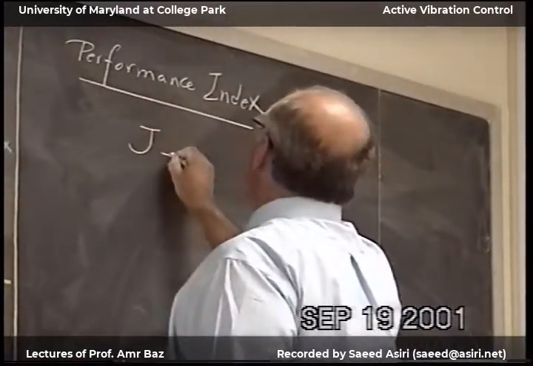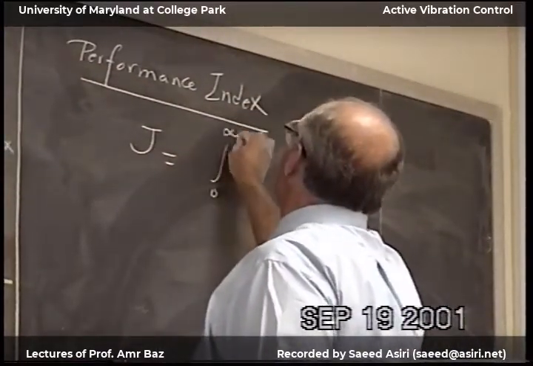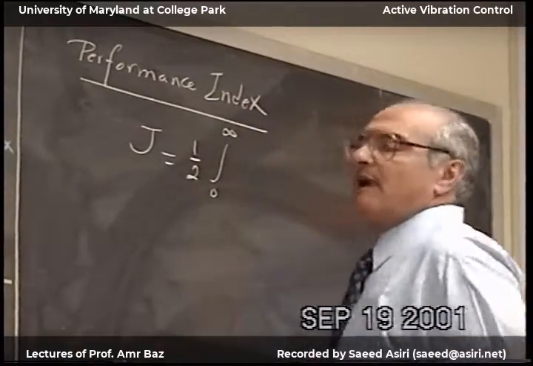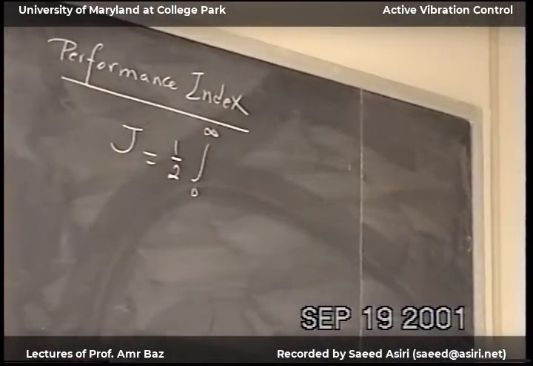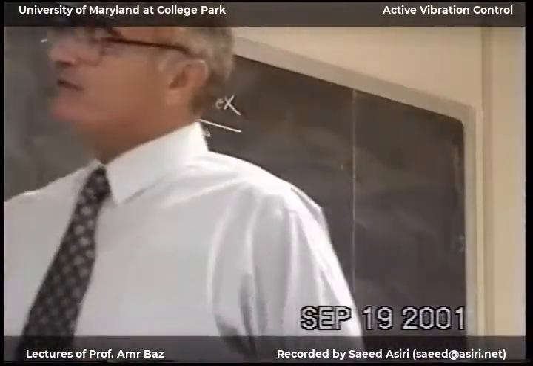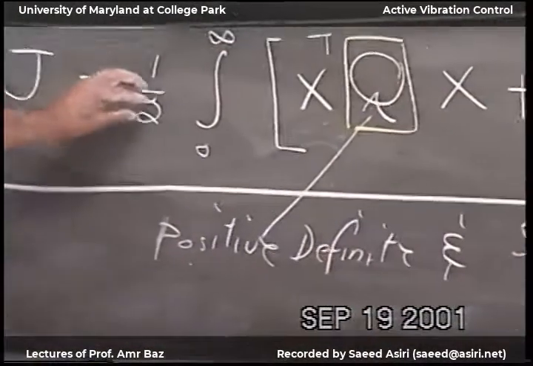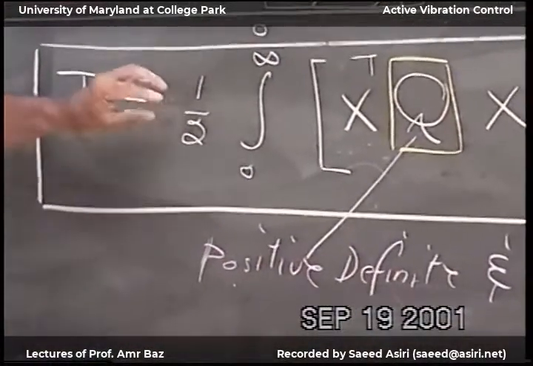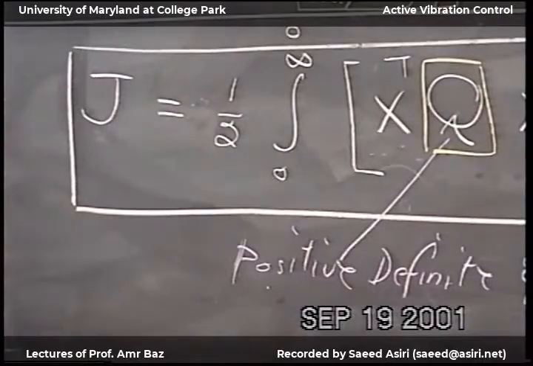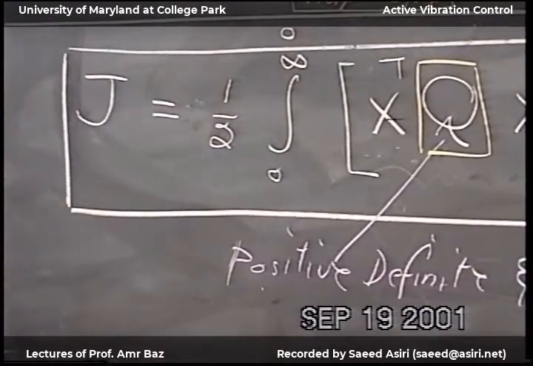We have J is equal to... also here in the performance index, I did not put another term. There's another term that they usually put here if they are, for example, targeting an object.